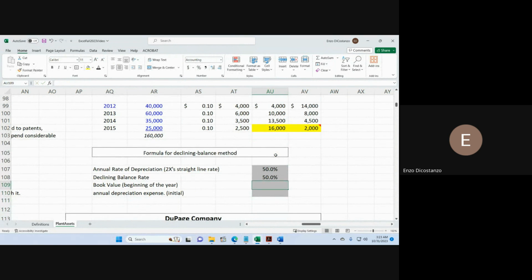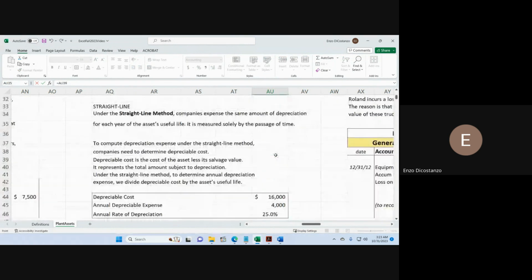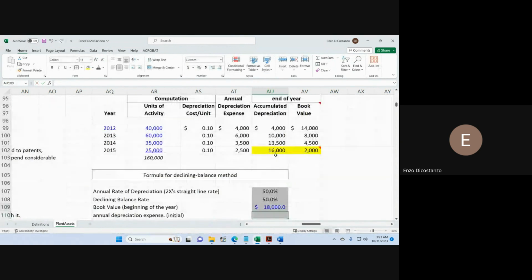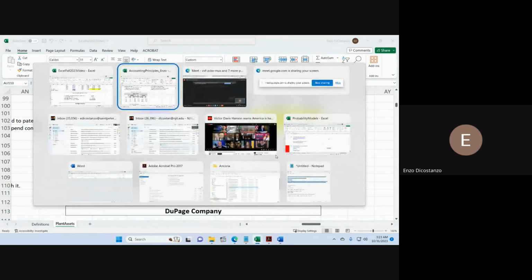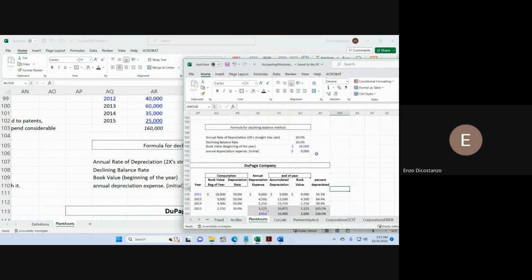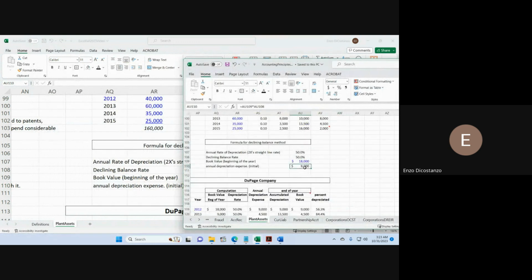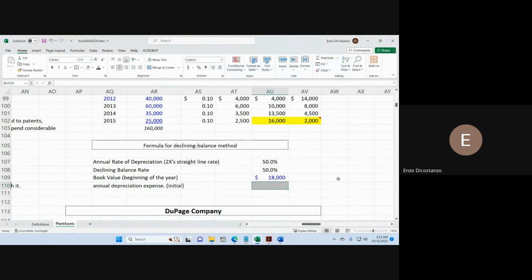And the book value that you started at was your 18,000. And this initial expense would be what? It'd be half of that. Yeah. So equals the product of these two.